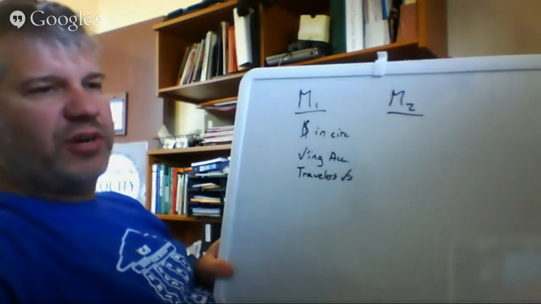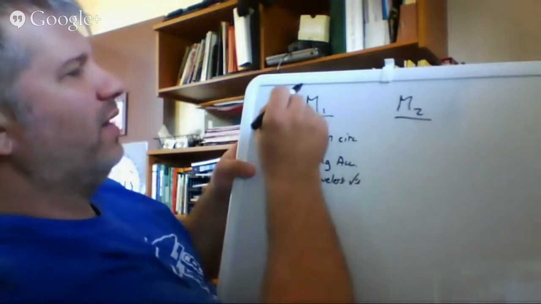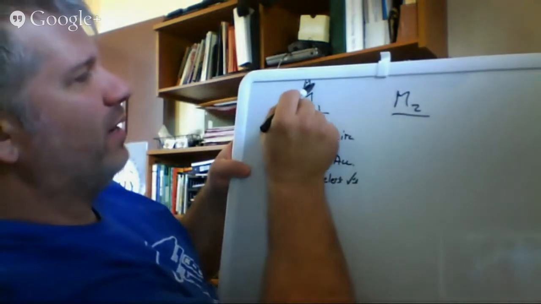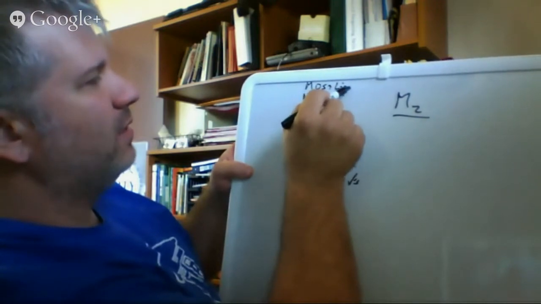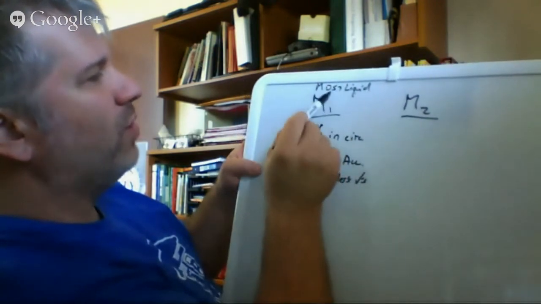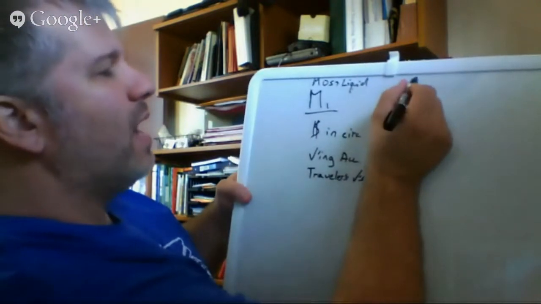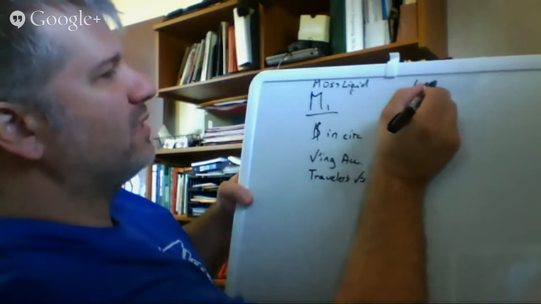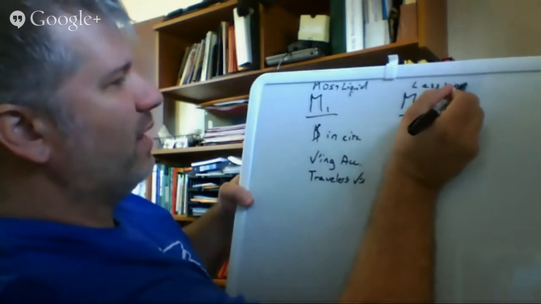And traveler's checks are an outdated way of thinking, because theoretically, at least, M1 is most liquid, meaning it's the easiest to convert into other things. Well, if you know what traveler's checks are, you know that it's very difficult to get anyone to take them. And as we go out, M2 is less liquid, although still very liquid, just less liquid than M1.